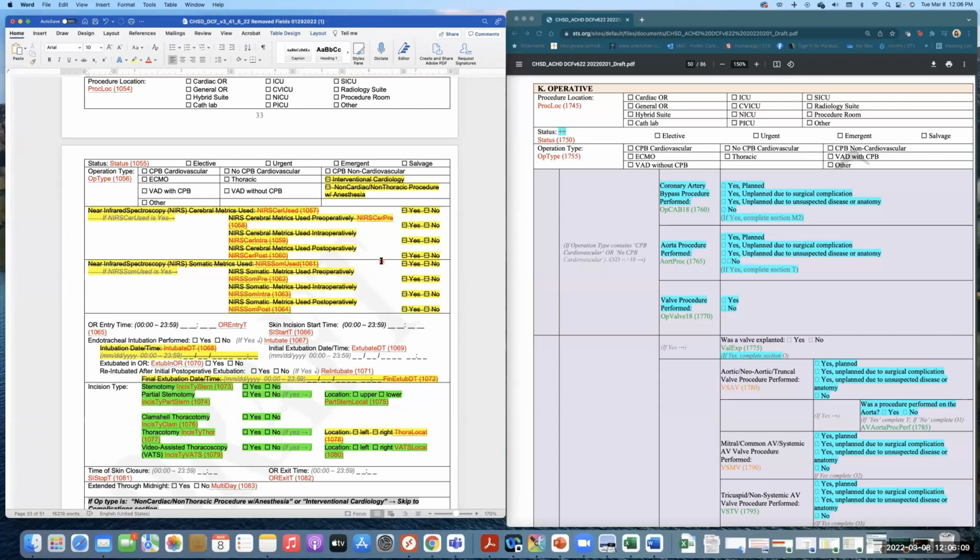And if you think about the analysis done with STS, STS does not use the intubation date and time. The definition for it is the date and time of intubation closest to the OR entry date and time. So sometimes that can be weeks in advance. Sometimes it's in the OR at the time the patient arrives to the OR. So you're going to see that we added some other options with that field, but not the intubation date and time.